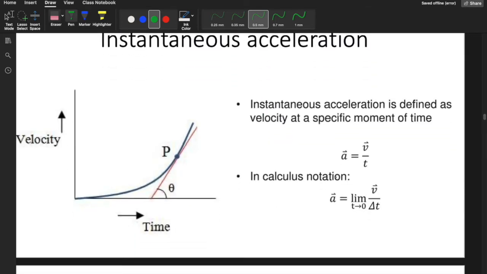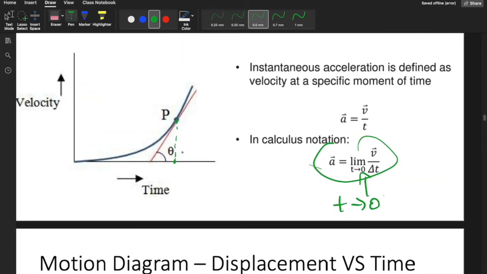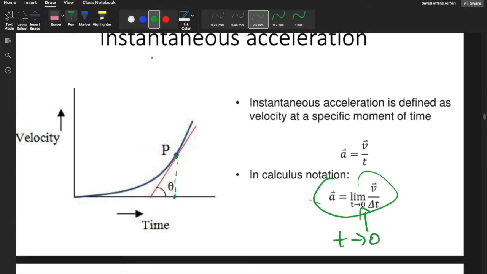So here it shows you how to write it in a limit form. Same thing, time is approaching 0 because the time interval is so small. Instantaneous acceleration is equal to the slope of the tangent line.